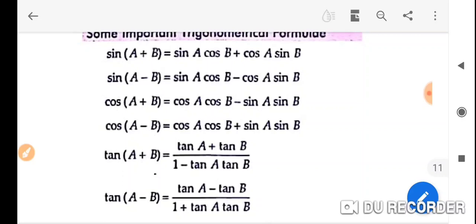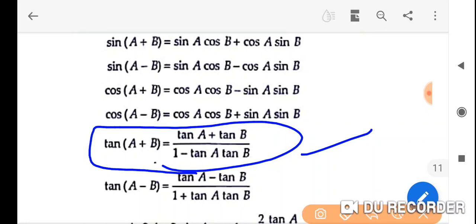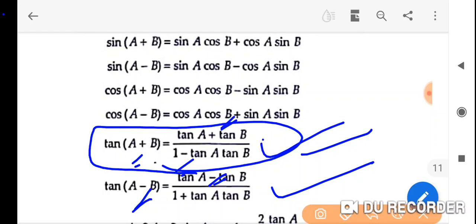Next one is tan (A plus B) equals tan A plus tan B, divided by 1 minus tan A tan B. Next one is tan (A minus B) equals tan A minus tan B. Look here, here is minus, here is minus, here is plus, and the opposite sign is in the denominator.